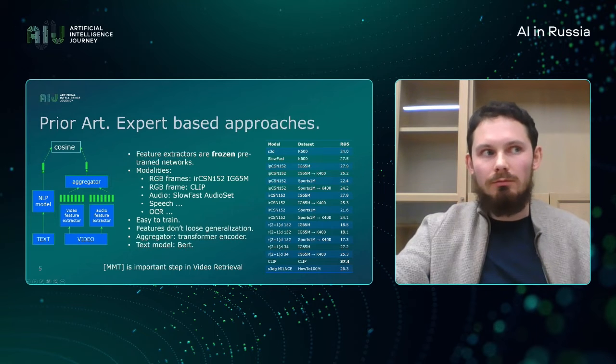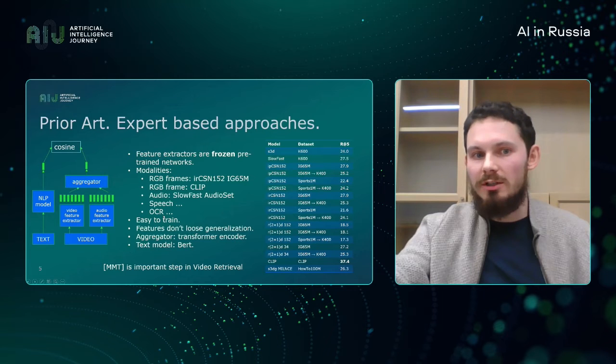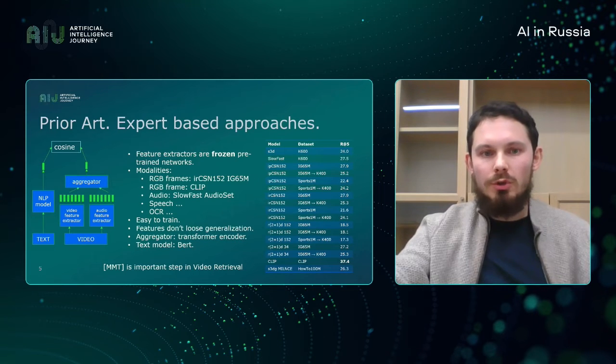We can use OCR to read the text for some ads or for running lines. The idea here is that it's very simple to train them, because we don't have to train heavy feature networks. They are separated into different feature blocks. If we have a good feature structure, we will not spoil them by our training.